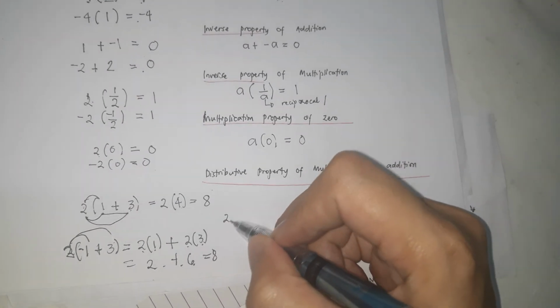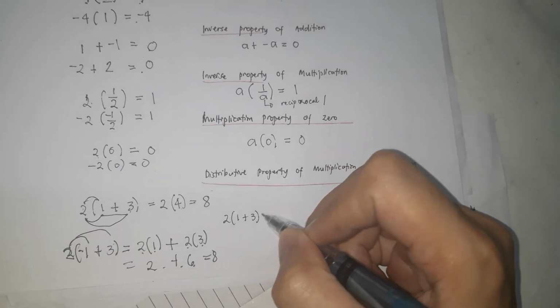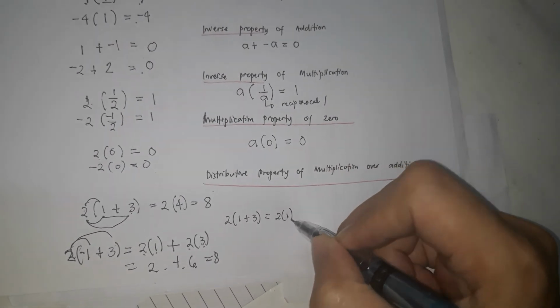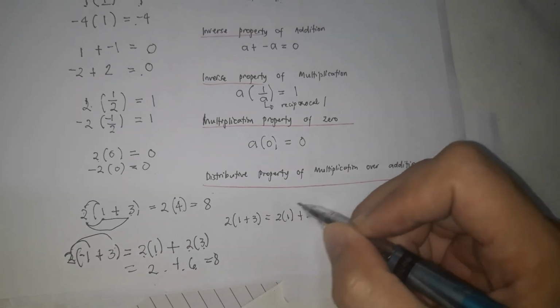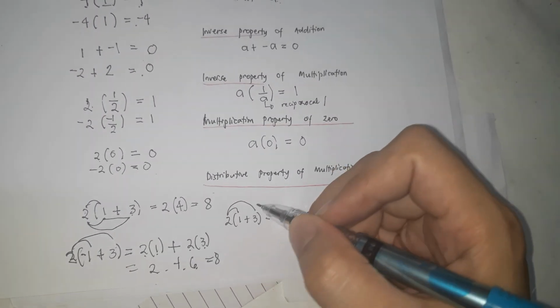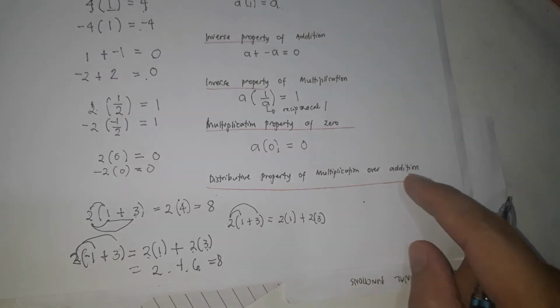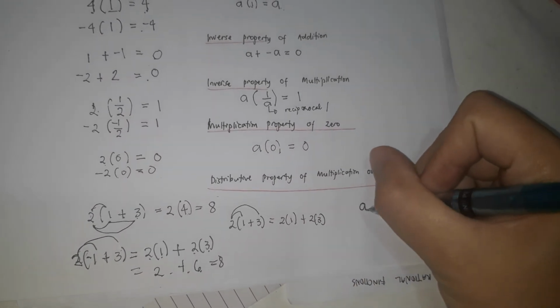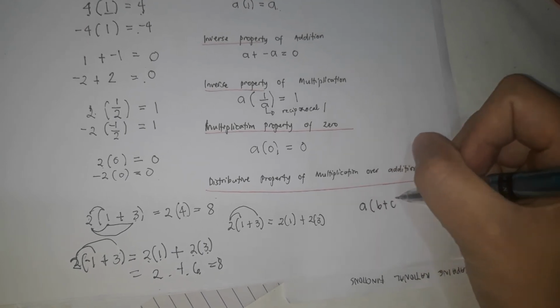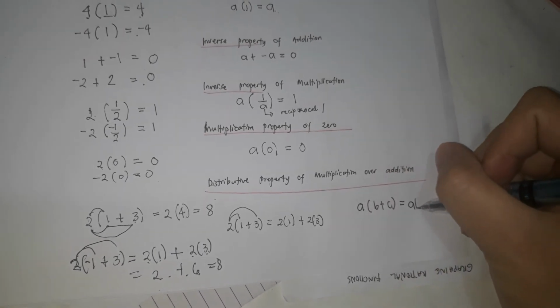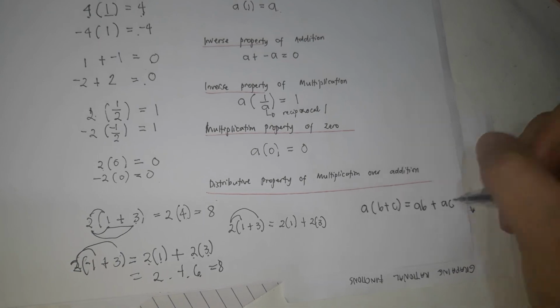So ibig sabihin, 2 times 1 plus 3 is the same as 2 times 1 plus 2 times 3. You distribute. So distributive property of multiplication over addition is A times B plus C is equal to A times B plus A times C.